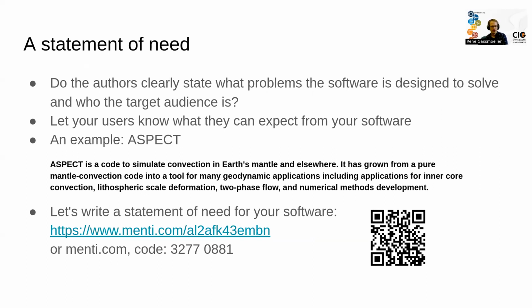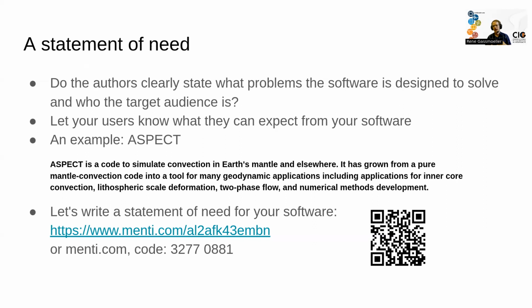Let's take a look at an example again. ASPECT states on its website and in its README, ASPECT is a code to simulate convection in Earth's mantle and elsewhere. It has grown from a pure mantle convection code into a tool for many geodynamic applications, including applications for inner core convection, lithospheric scale deformation, two-phase flow, and numerical methods development.